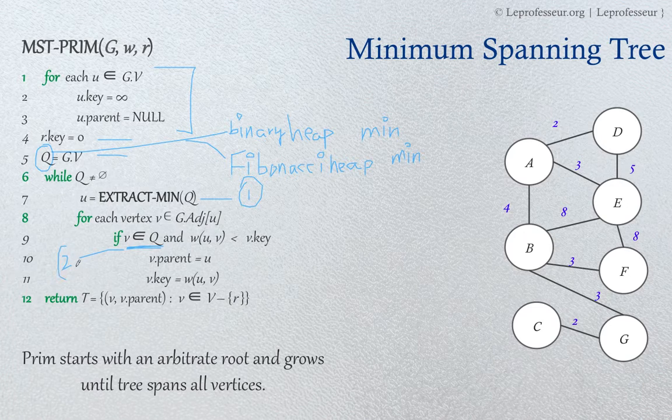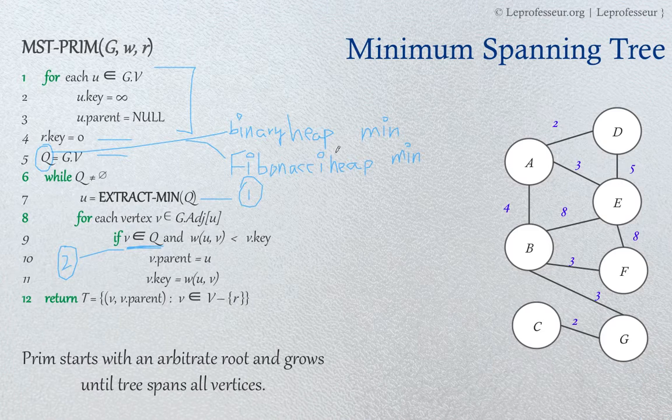So two major operations, extract min and searching, we're going to be doing in this algorithm. So it's important which data structure we choose. Binary heaps are simpler to implement compared to Fibonacci heaps. We discussed both kinds of data structure in previous lectures. If you are not familiar with that, I would recommend you to go and watch previous lectures.